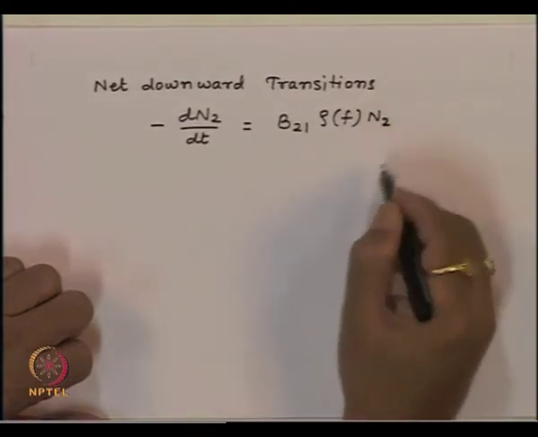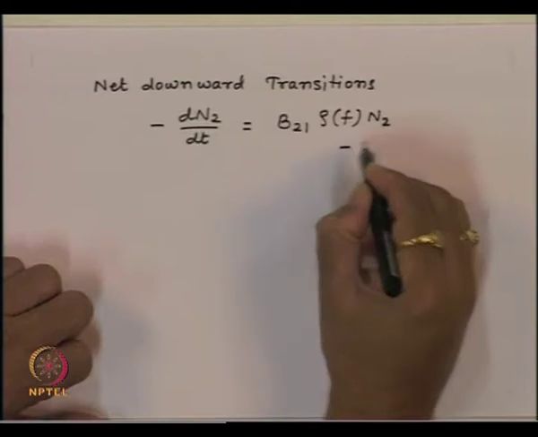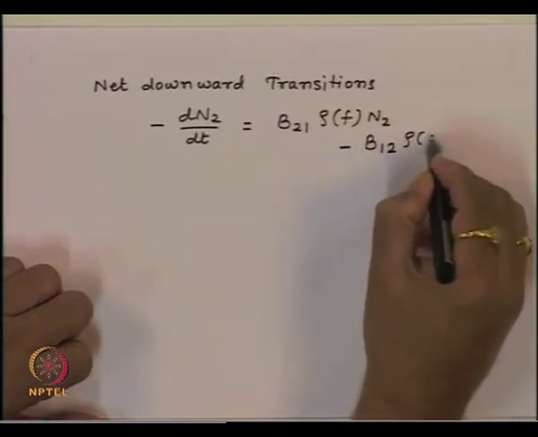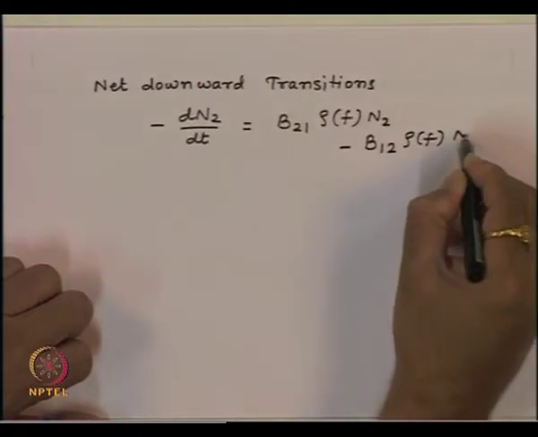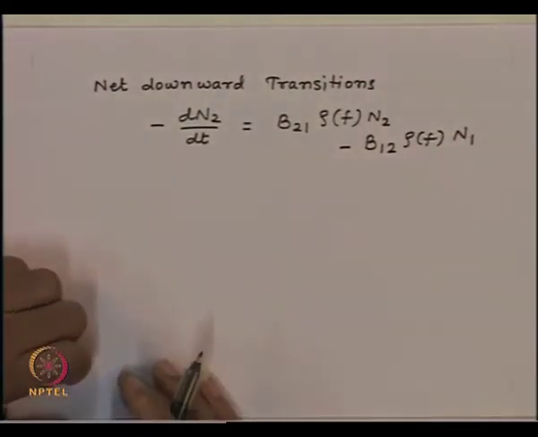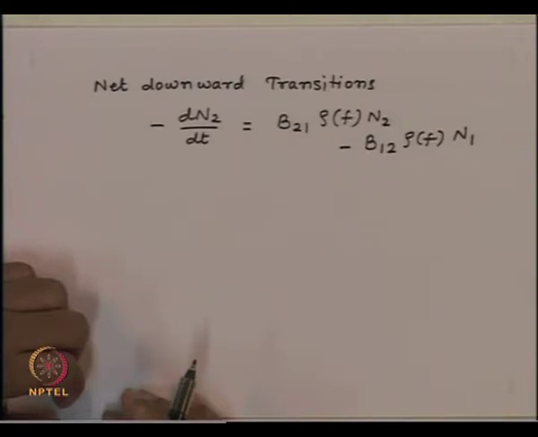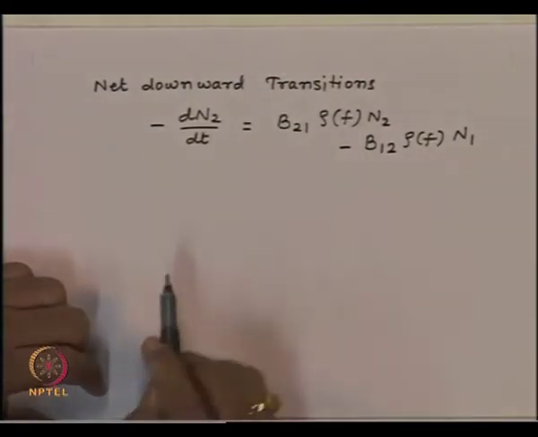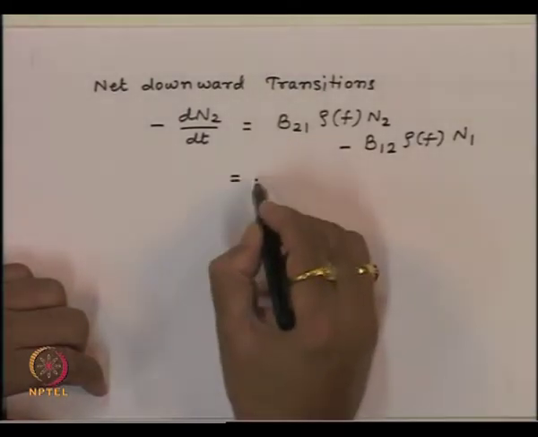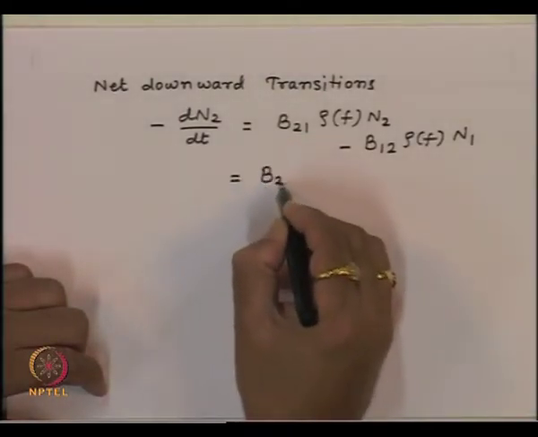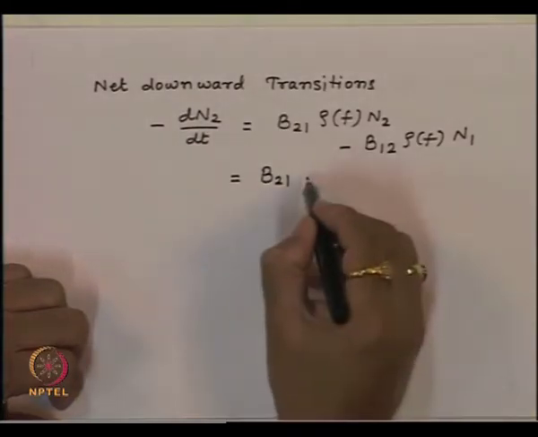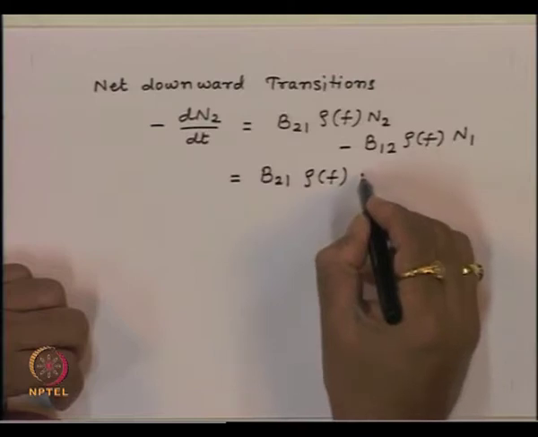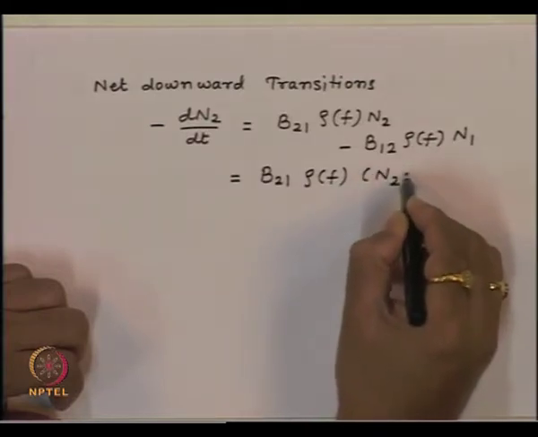These are downward transitions minus the upward transitions, which will be B12 rho of f into N1. And as we have shown, B21 and B12 are equal. So, this thing essentially can be written as B21 rho of f into N2 minus N1.